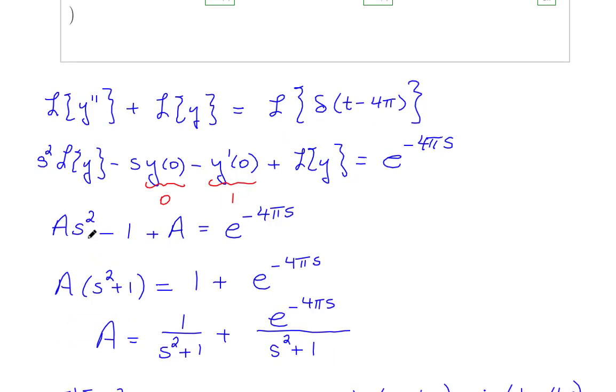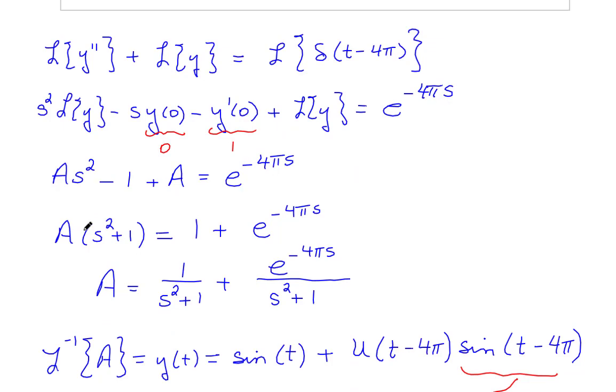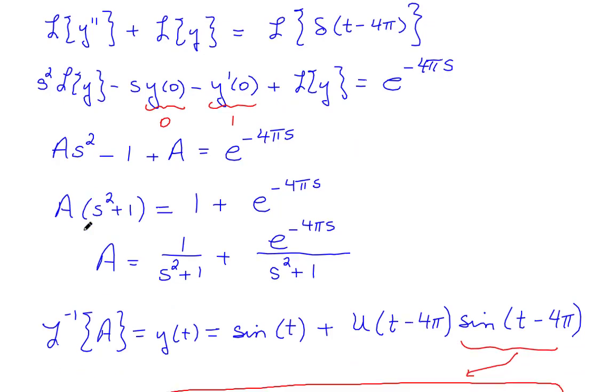Alright, so let's clean up and get together all the stuff with the Laplace transform of y. So here I have an A part, another A part. So group that together. I'm going to take this minus 1, move it to the right, and now divide through by s squared plus 1.